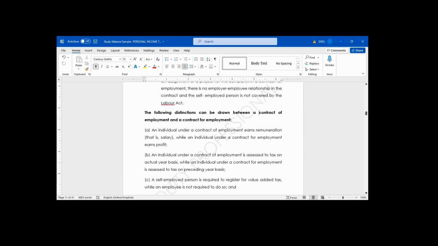Second difference, an individual under contract of employment is assessed to tax on actual year basis, while an individual under contract for employment is assessed to tax on preceding year basis.